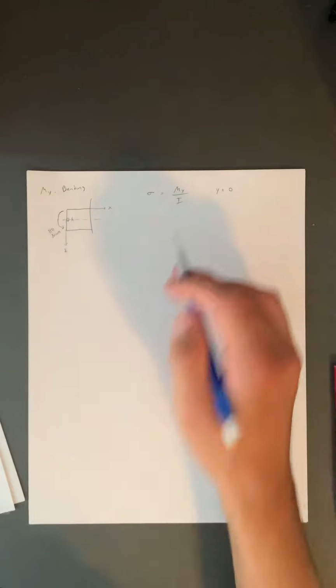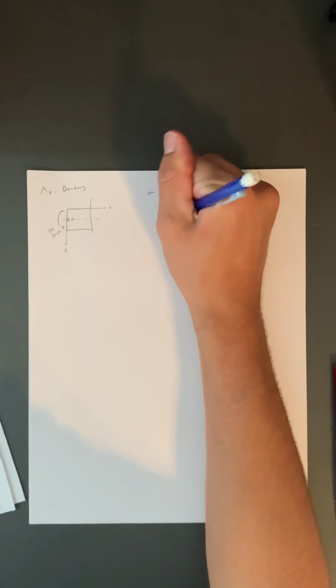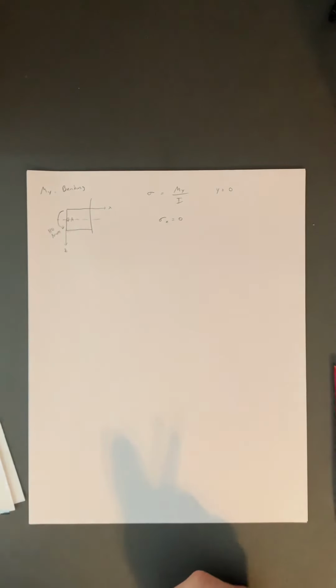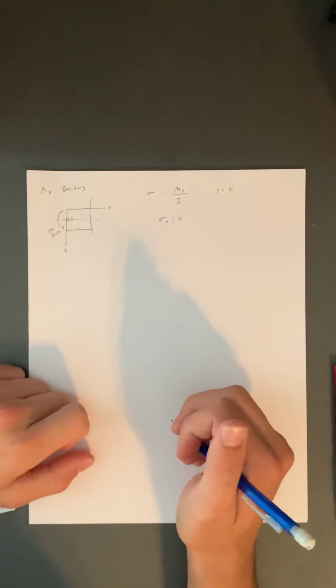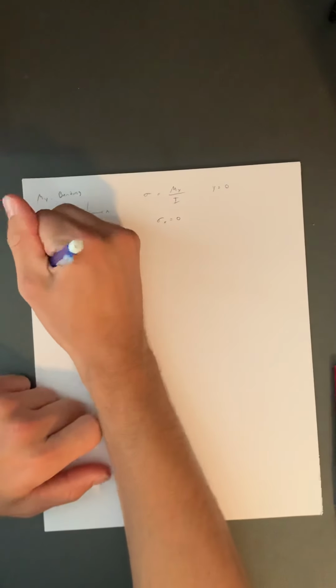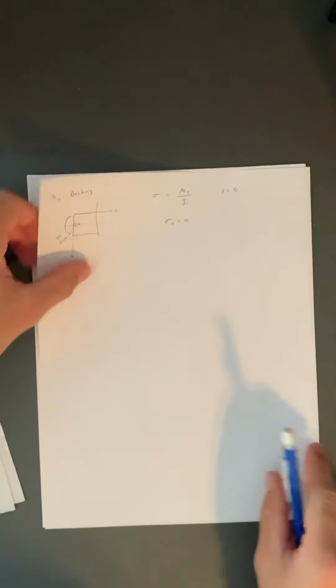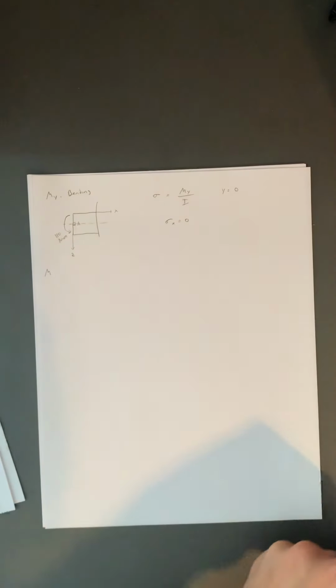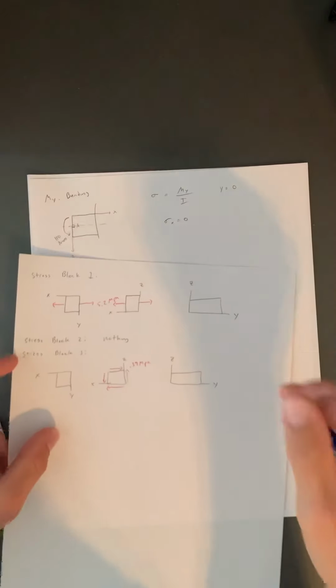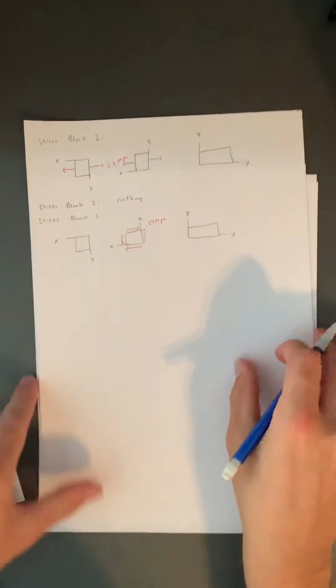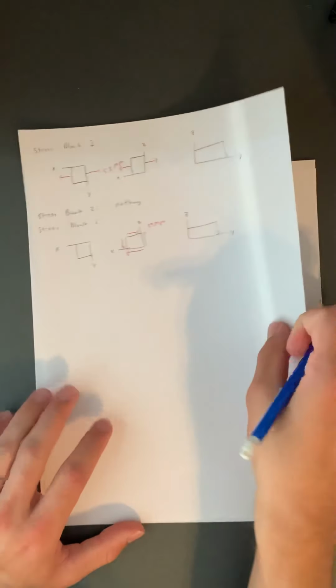And so again, stress in the X direction here is 0 because Y is 0. Okay, so then we can move on, and this would be stress block 4. I'm not going to write it down just for time, but stress block 4 is going to be nothing, just like stress block 2.